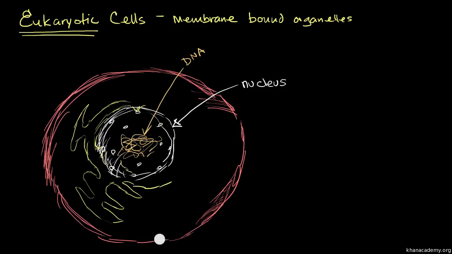And this right over here, and this is just a rough diagram, that is our endoplasmic, not splasmic, endoplasmic reticulum, which I've mentioned in previous videos would be an excellent name for a band.